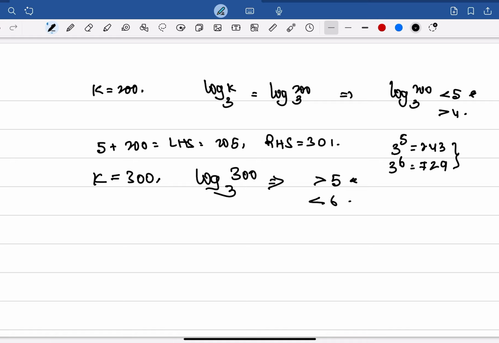Hence we can approximate it to 5, or we can say 5.1. Log 300 to the base 3 is equal to 5.1.